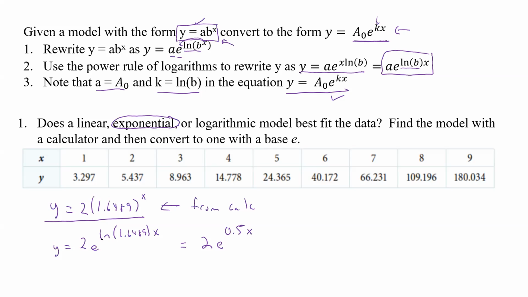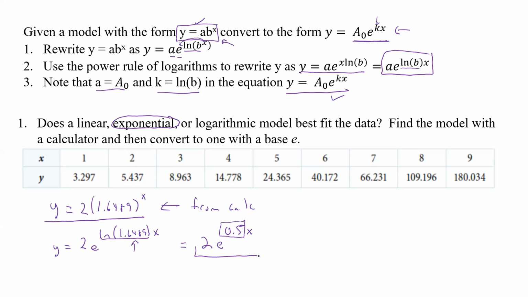Again, with the rounding, it might not give us exactly 0.5, but if we wrote down all the decimal places the regression analysis gave us, put that in here, and took the log of it, we'd get back to that 0.5 times the x for our exponential.